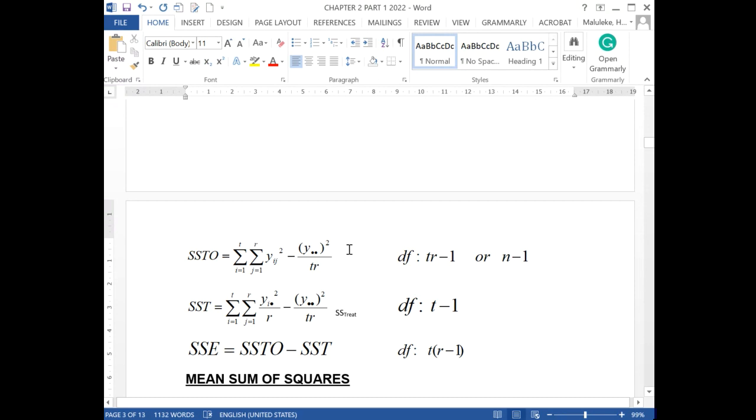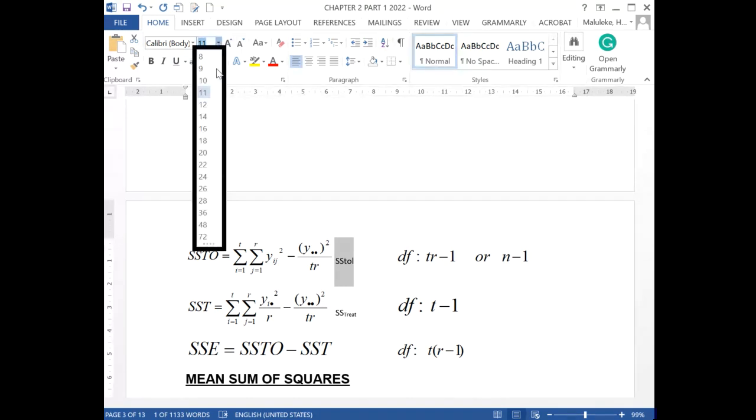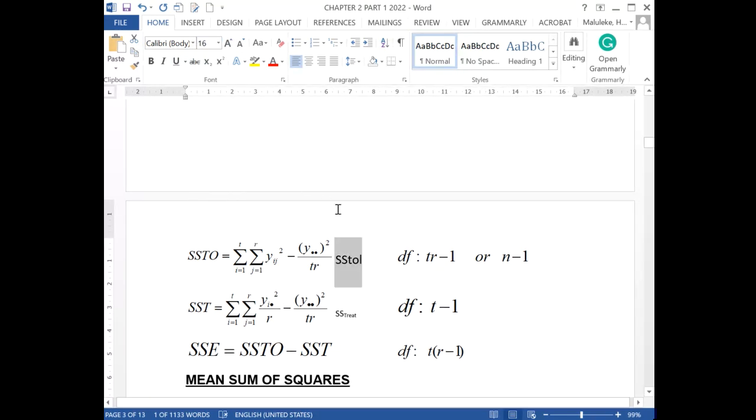And for SS total, instead of SSTO, some textbooks write it differently. So you must be careful when it comes to the notation. Instead of writing SSTO, some textbooks write SS tol, and for treatment, they write SS treat.